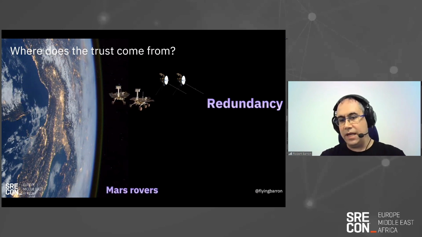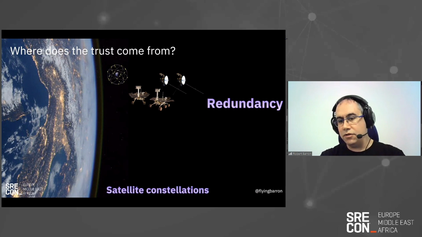More recently, we have things like the Mars rovers, which deployed in pairs. And even closer to home, satellite constellations, either GPS, Starlink, other communications satellites, where you have built-in redundancy because you're not depending on the success of a specific satellite to deliver the content that you need.